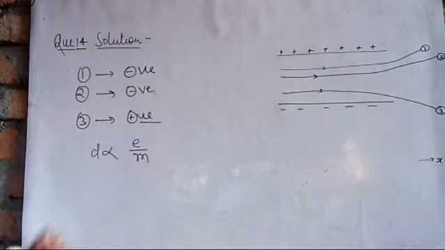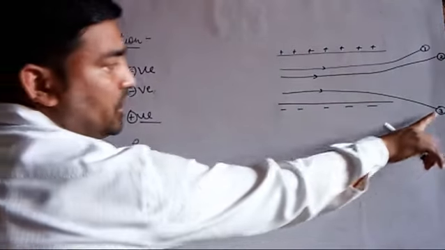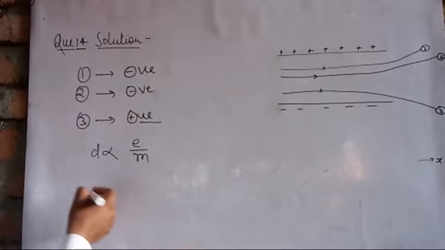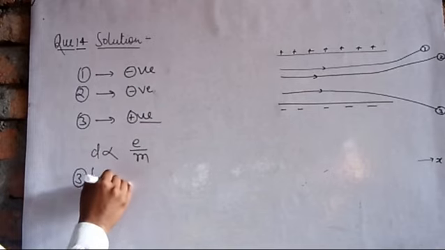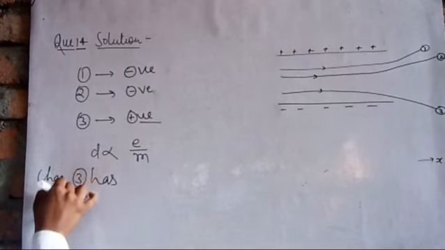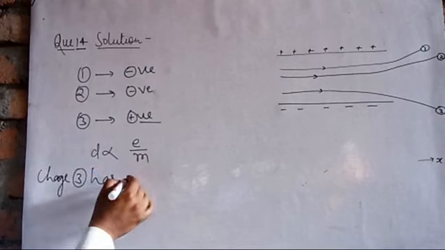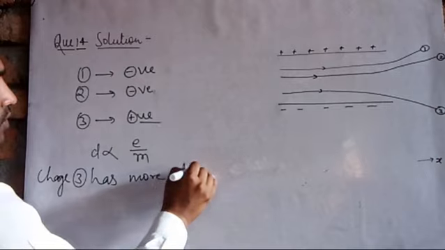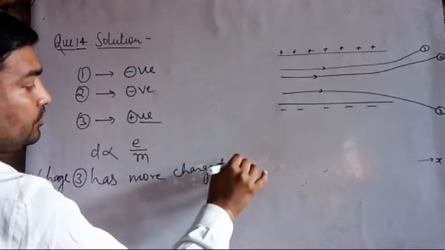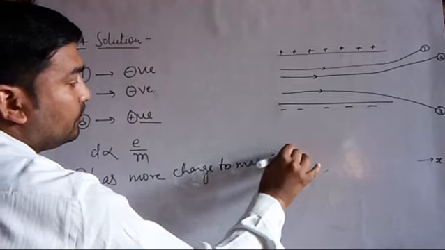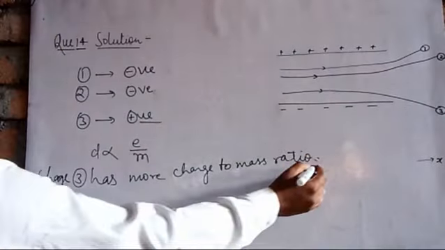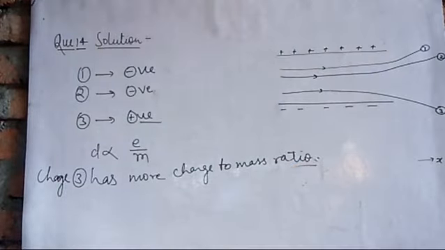Charge 3 has the most displacement, the most deflected, so charge 3 has the highest charge to mass ratio. This is the solution of this question.